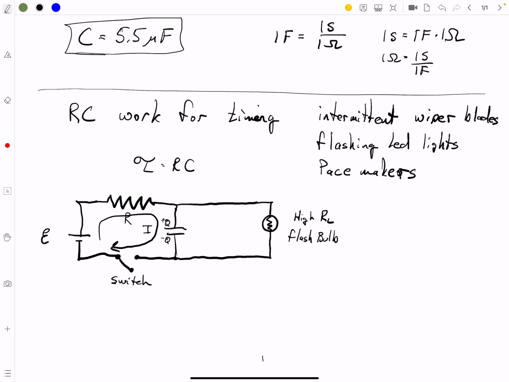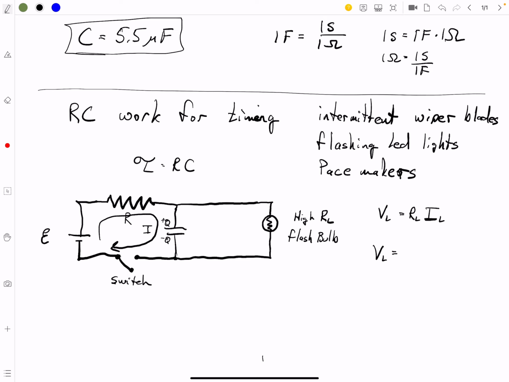Okay. The flash bulb isn't going to work. It has a VL equals RL IL. And the VL has to get to a certain point before it'll work.